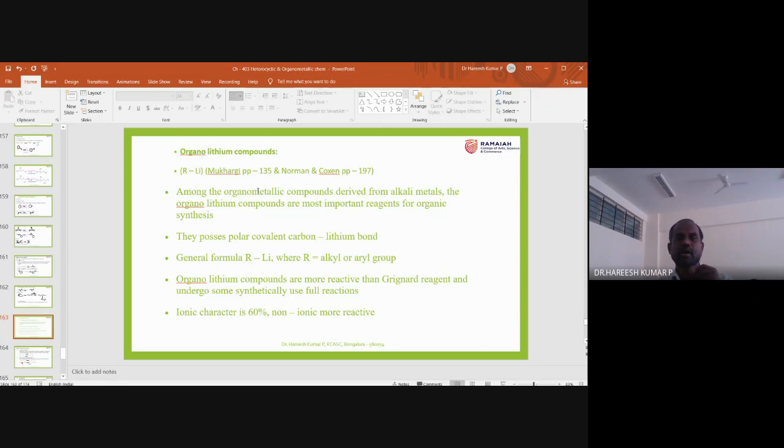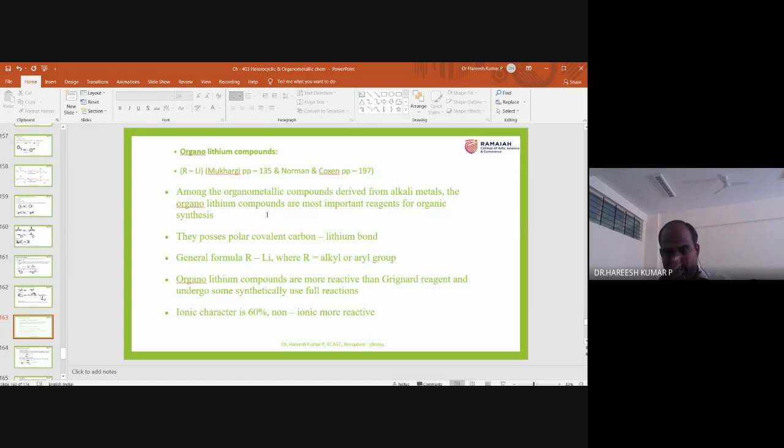Among the organometallic compounds derived from alkali metals and alkaline earth metals, the first group of the periodic table is called alkali metal, the next is alkaline earth metal, then the d-block elements, and then the non-metals.